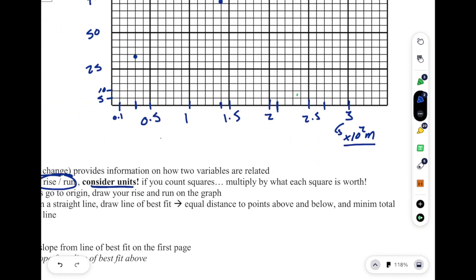And the other point is a caution about counting squares. So first, I recommend that you probably don't count squares. What I mean by this is just look at your first and last point and figure out their values, then use subtraction. But I have seen some people counting squares from their math courses, and that is okay, but you can't forget to multiply by what each square is worth.